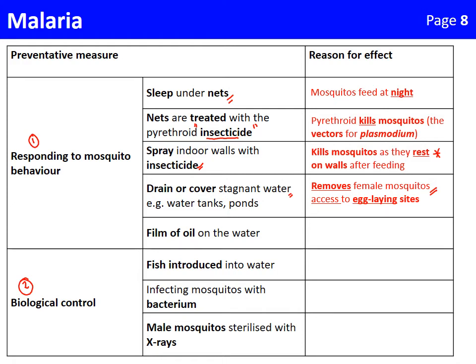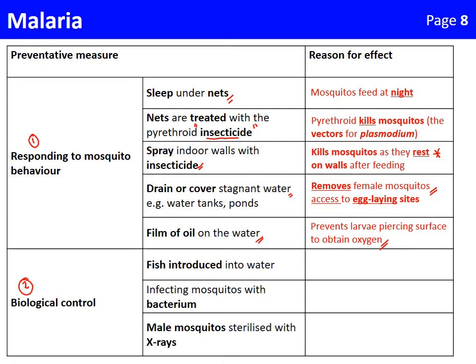Likewise, we could put a film of oil on the surface of the water, because even if the female mosquito did lay her fertilized eggs, any larvae that started to develop could not pierce the surface to obtain the oxygen they need for further development. So these larvae would die off, and that prevents more mosquitoes emerging and being formed.